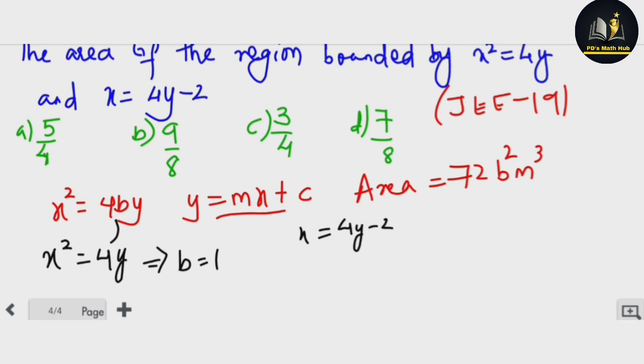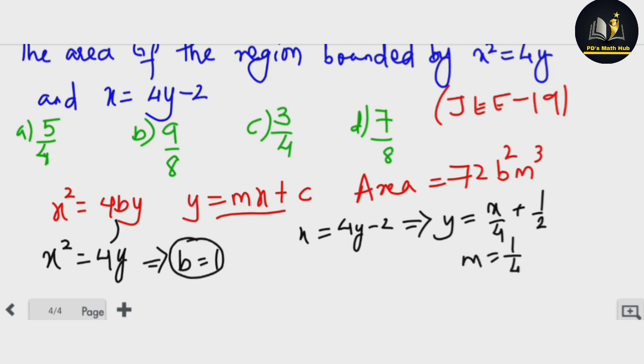If you put this in the form y is equal to mx plus c, this will be y is equal to x by 4 plus 1 by 2. So here the value of m comes out to be 1 by 4. On substituting b is equal to 1 and m is equal to 1 by 4 in this area formula, you get the required answer.